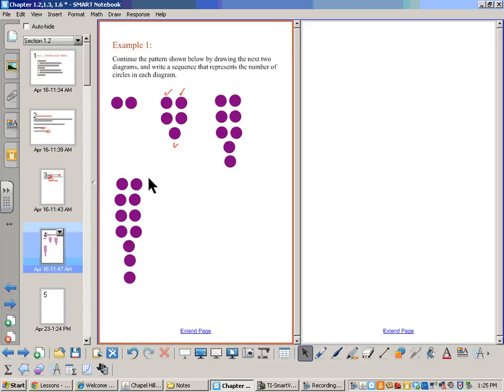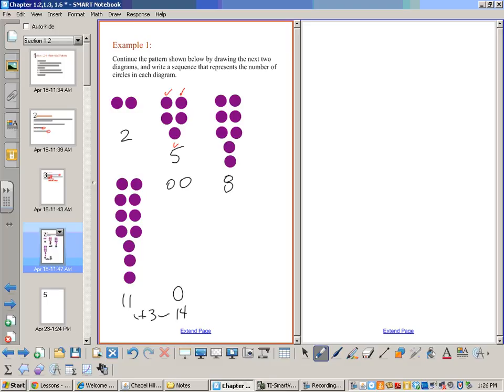Okay, so looking at the pattern here, so we start out with 2, and then we move and we have 5, and in the next pattern we have 8, and then in this one we have 2, 4, 6, 8, 10, 11. So we're actually going from even to odd, and so then you can go and figure out, well, in the next pattern I'm going to add 2 up top and 1 at the bottom, so I add 3 to that one, 3 to the previous, and then that's going to give me 14.